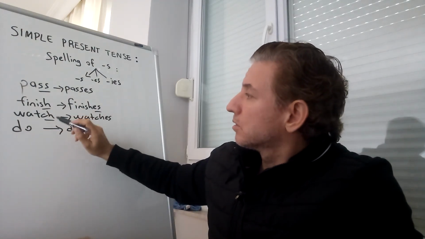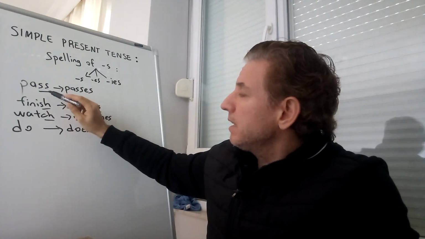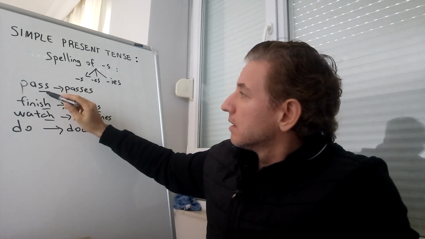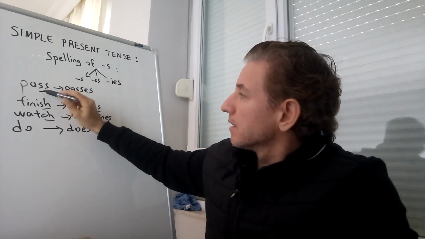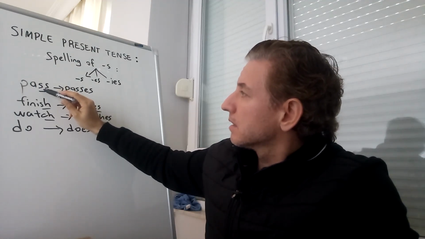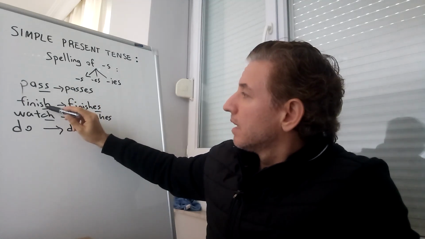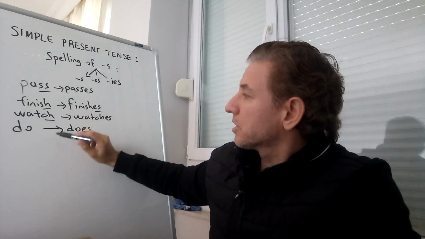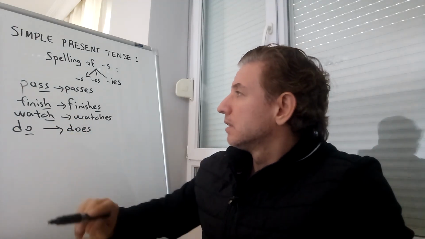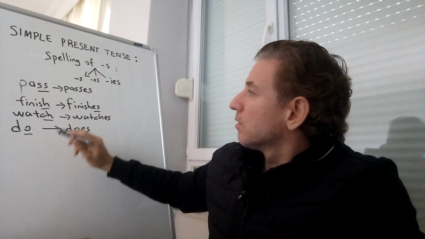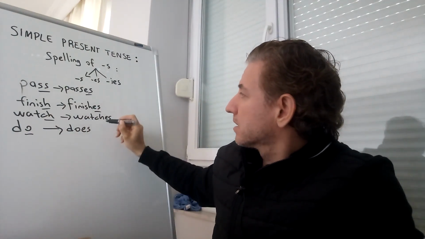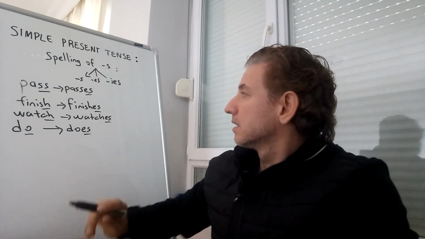Okay, so what we do here, we look at the last consonants, okay? Here there is double S, here there is SH, here there is CH, and here there is O. So we use an extra S, ES.